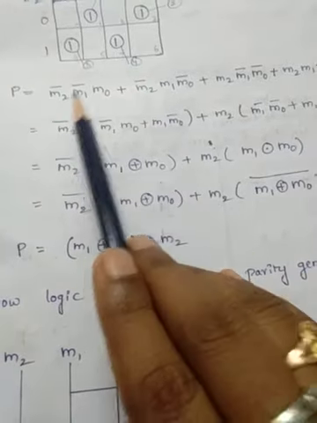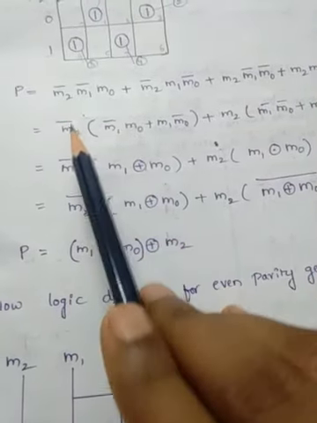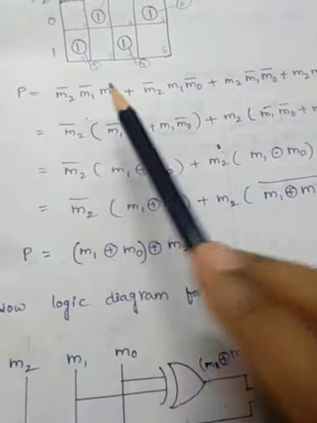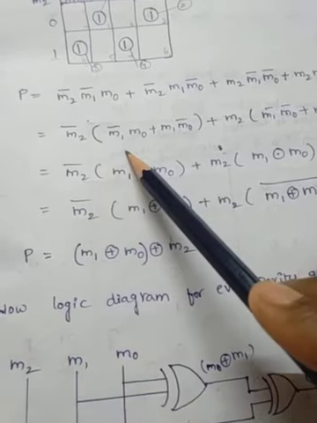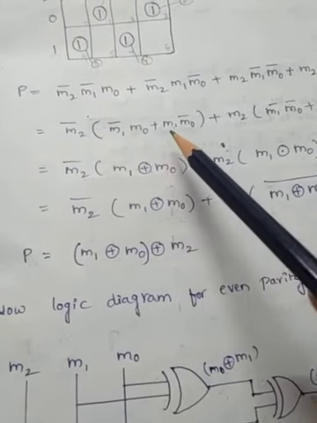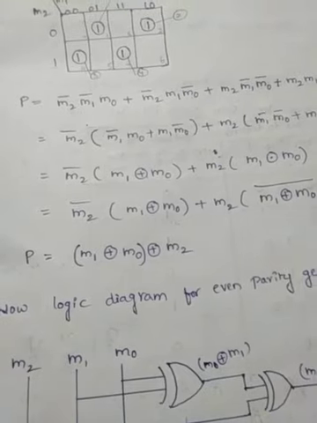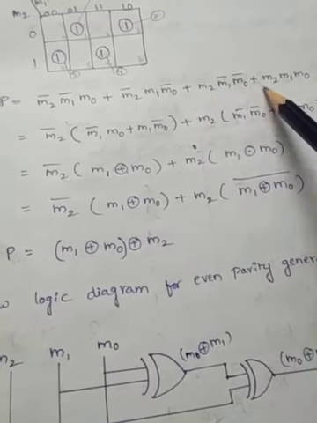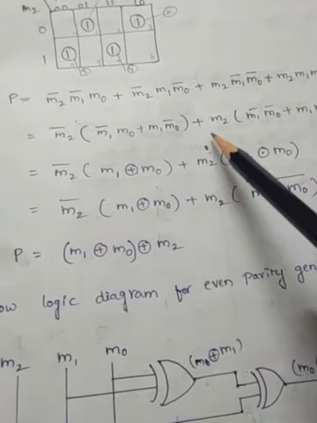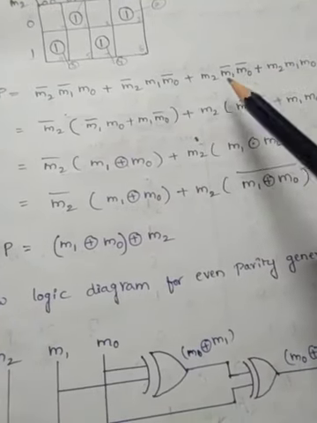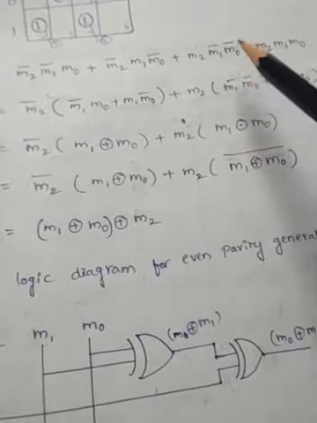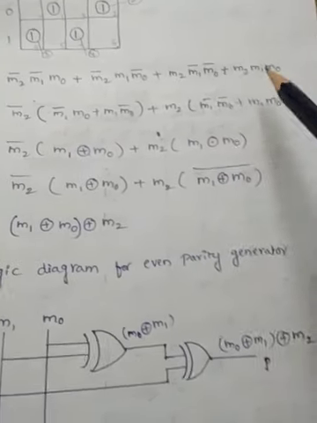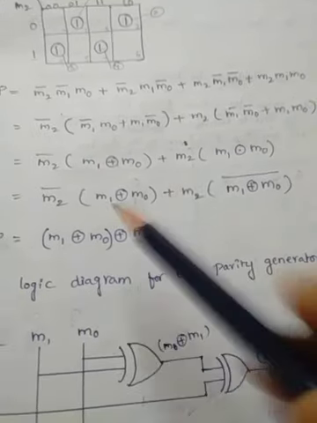Here M2 bar is common in these two terms. So by separating M2 bar, we get M2 bar into M1 bar M0 plus M1 M0 bar, plus, here M2 is common in these two terms. So by separating M2, we get M2 into M1 bar M0 bar plus M1 M0.